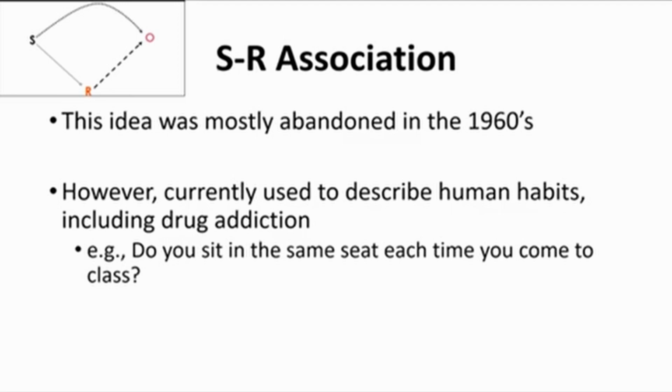So if you've ever sat at your computer and had a bowl of chips beside you, and before you even realized it, your chips were gone, and you didn't really remember eating any of them because you did it automatically. You did it habitually. So the idea would be that a lot of these habit-type behaviors would occur solely through these SR associations, where when there's a stimulus present, the response automatically happens.